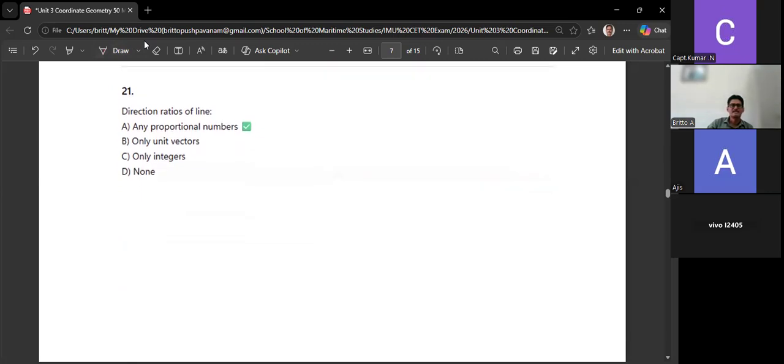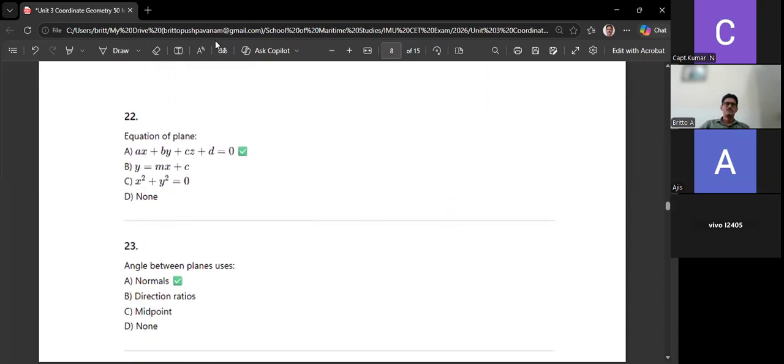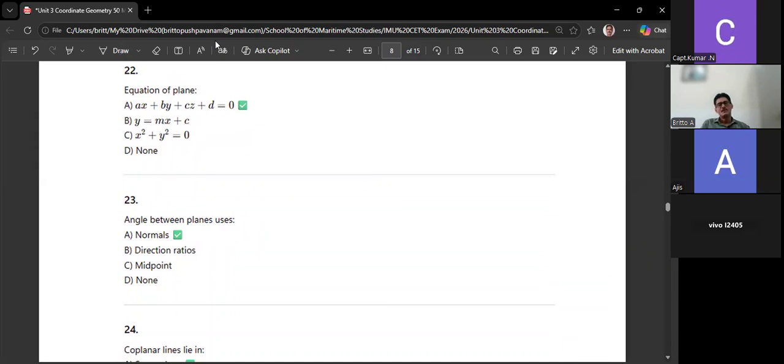Okay. Now question number 21. What are the direction ratios of a line? So direction ratios of a line are any proportional numbers. Any proportional numbers. Direct question. Nothing to explain there. Now, question number 22. What is the equation of a plane?